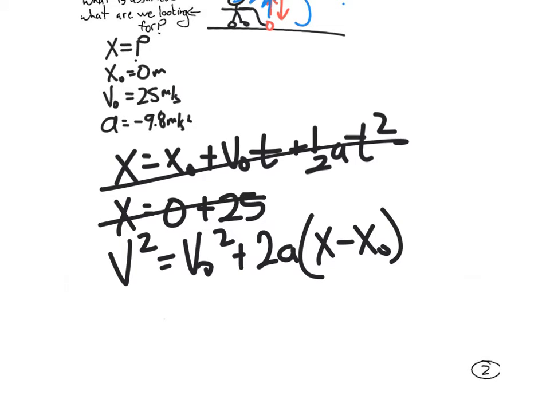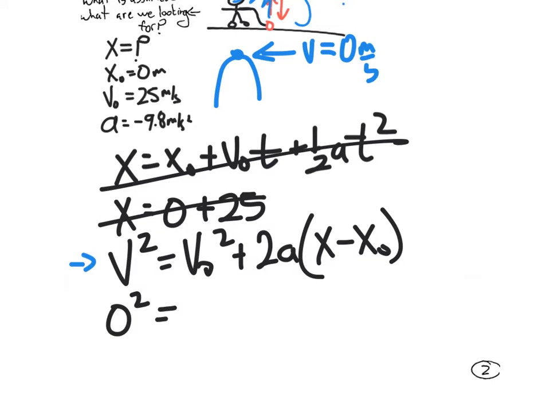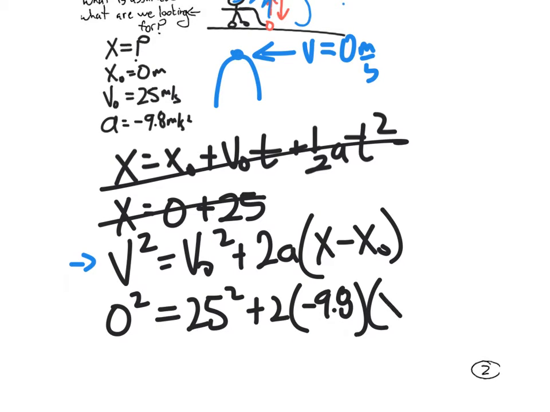We also know this, and that is that at the top of its flight, or trajectory or whatever you want to say, the final velocity of the rock is 0 meters per second. So that's more hidden information. It was looking a little skimpy here, so we do know this. Okay, so our final velocity squared, 0 squared, our initial velocity is 25, our acceleration is negative 9.8, and we have our final position minus initial position like this.